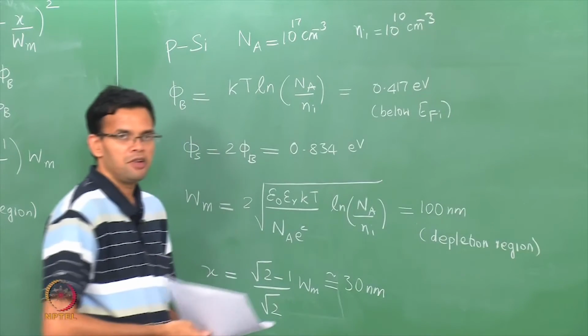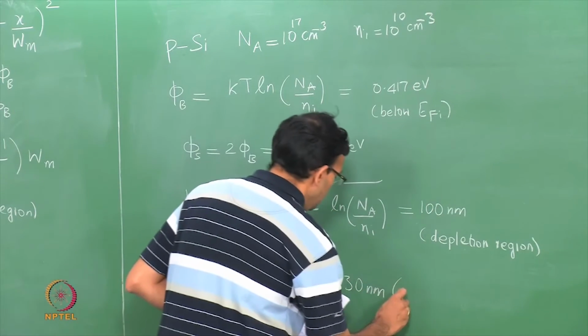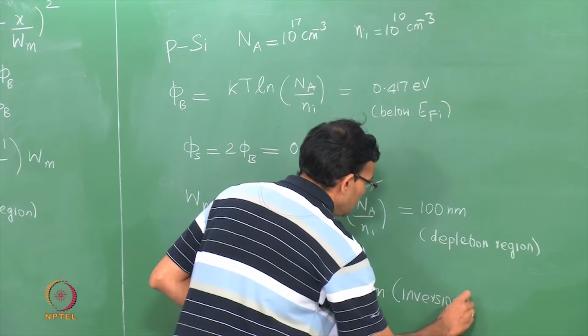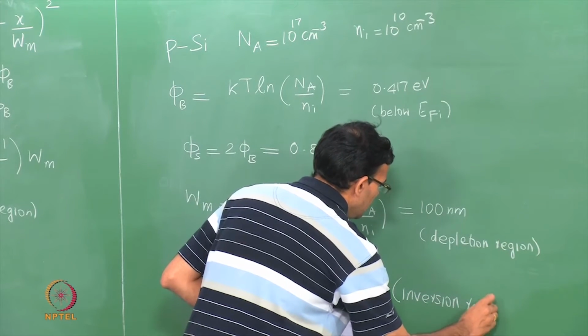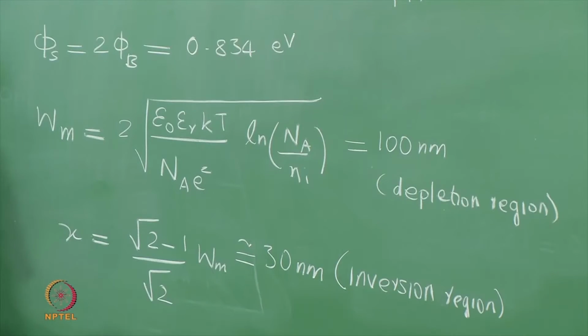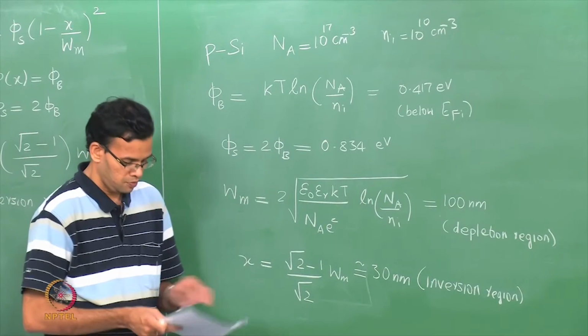Within this depletion region, you have an N channel, which is your inversion region, which is approximately 30 nanometers wide. If you increase the value of Na, so you make your material more p-type, the total width of the depletion region will reduce, and correspondingly the width of the channel will also reduce.